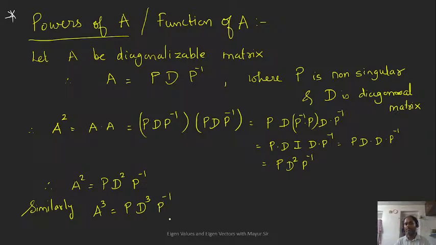Then they can ask you what will be A raised to k. So our natural answer is A raised to k will be P D raised to k P inverse, right? That is what it is going to be. This is a very common thing that you come across.